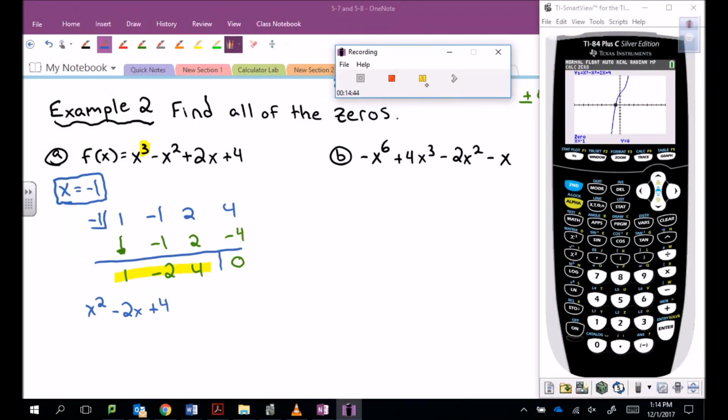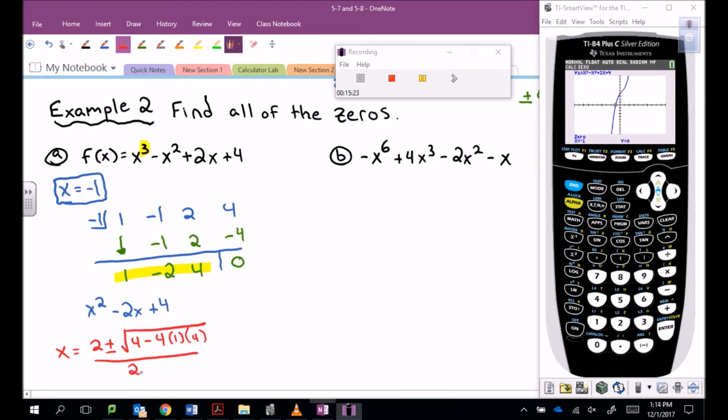Since I cannot factor x squared minus 2x plus 4 by any conventional means, since it is a quadratic, we do have the quadratic formula. So I'm going to go with x equals -b plus or minus the square root of b squared minus 4ac, all divided by 2a.